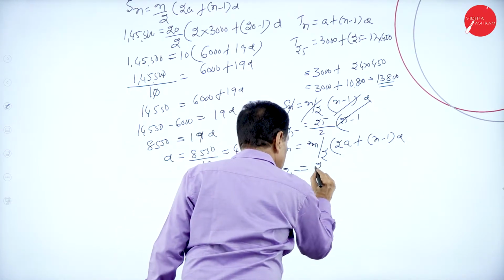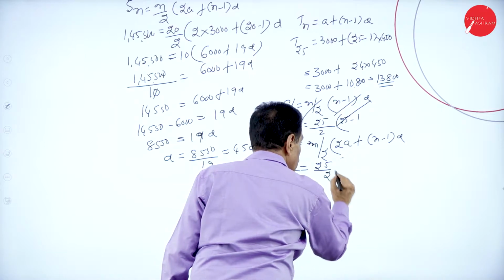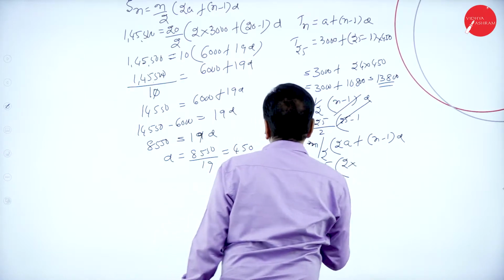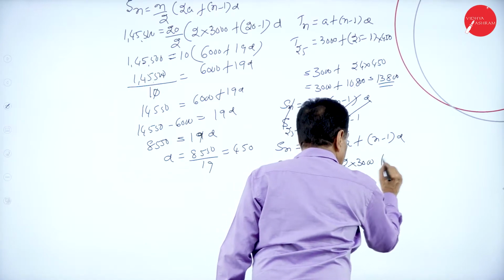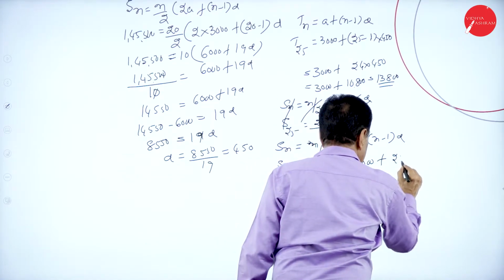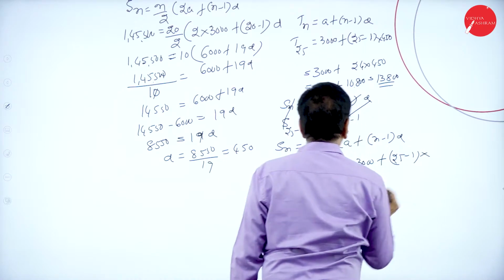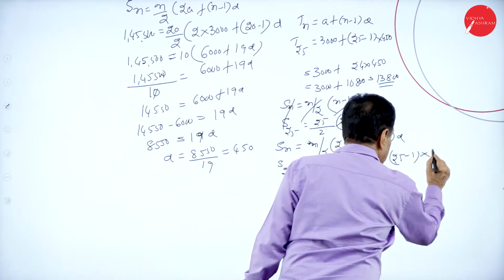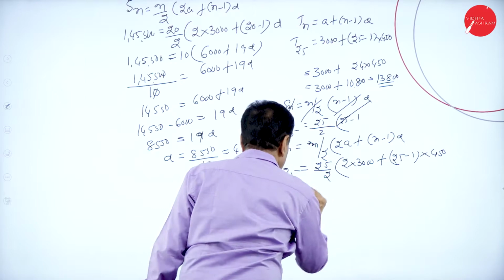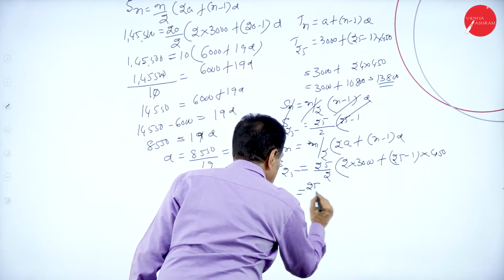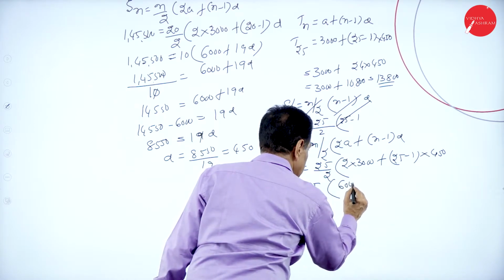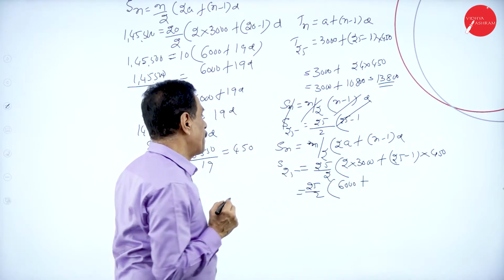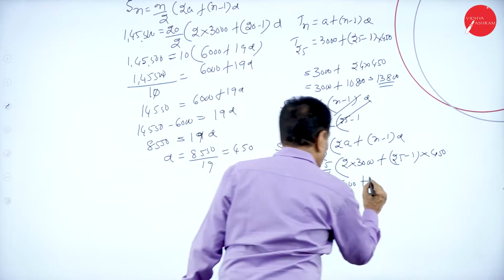So 25 by 2, 2 into, what's your base number? 3000 plus 25 minus 1. Your difference is 450. This is 25 divided by 2 into 6000 plus 24 into 450.